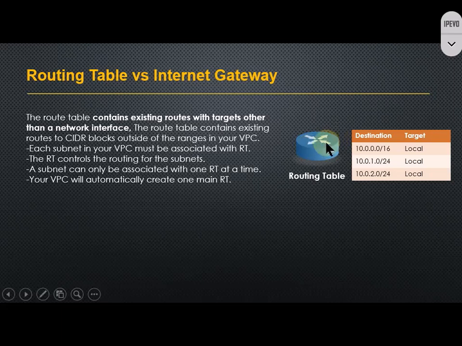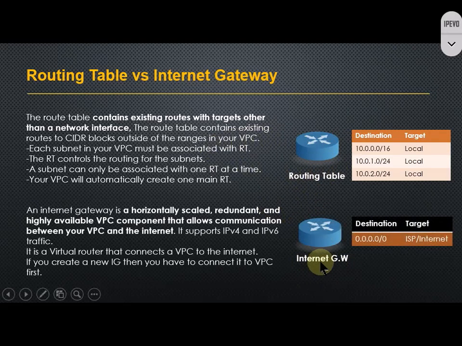And if we want this router to communicate with the service provider, we will have a default gateway. So in classic routing, we have the internet gateway inside the routing table. But in the case of AWS, we create an internet gateway separately, which will be connected with the destination target default gateway.